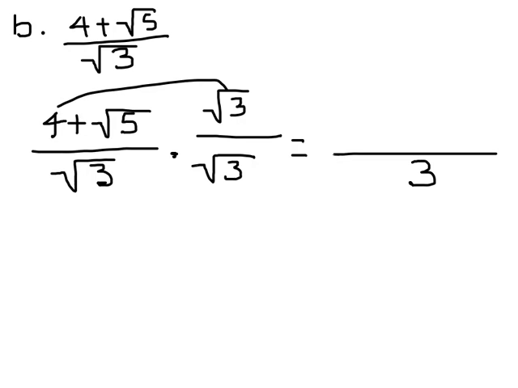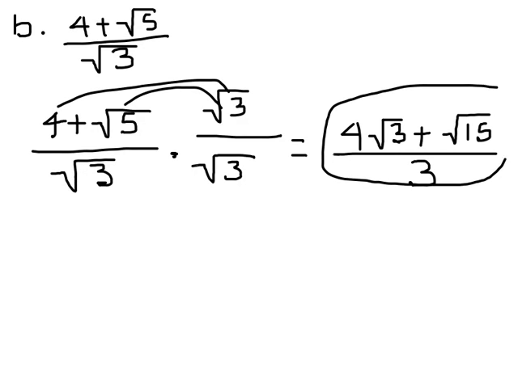Now, this times this is simply 4 square root of 3 plus this times this is square root of 15, and that cannot be broken down and simplified because it's simply 3 times 5. And so this would be your simplest form, and that would be the answer.